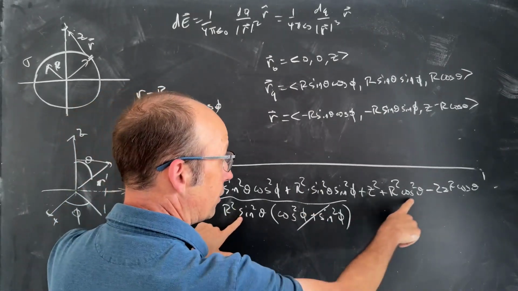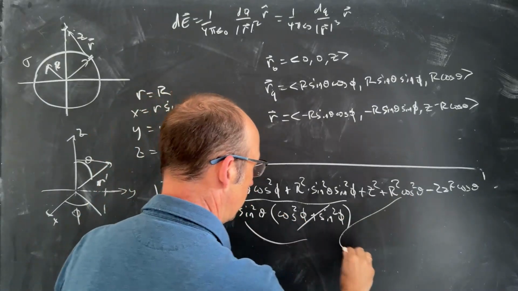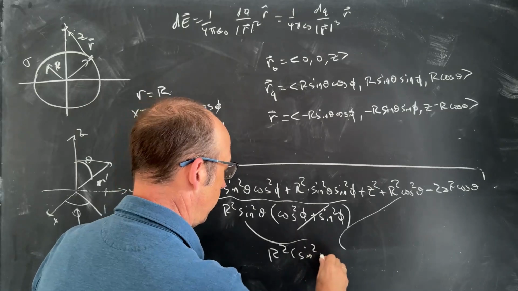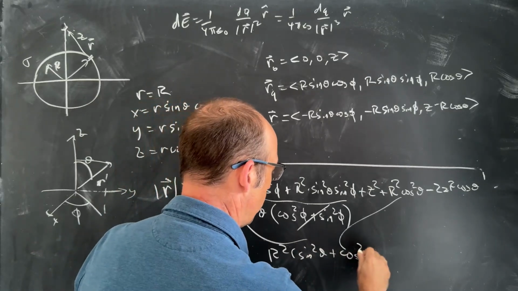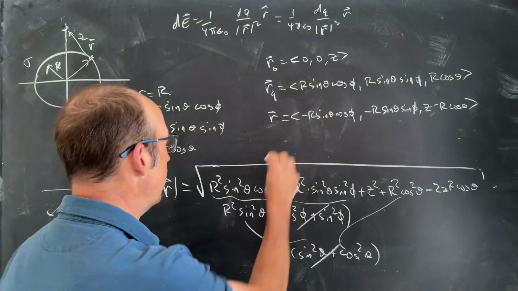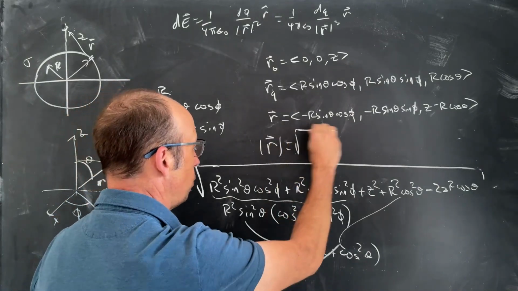Now I can take this term and that term, these two terms, and I can factor out the r squared, and I get sine squared theta plus cosine squared theta, and that's 1. Okay, so now we can write our r magnitude as the square root.